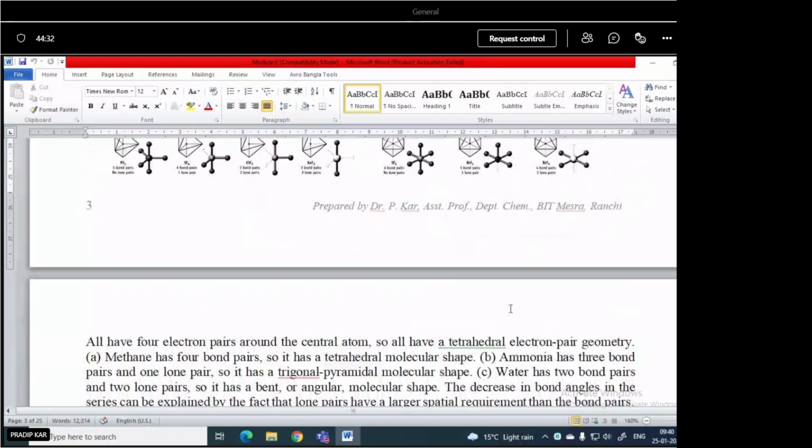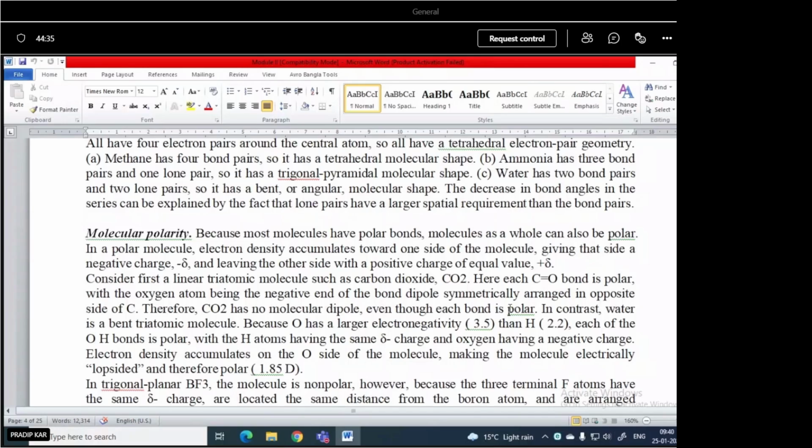Here, molecular polarity we can explain by using the VSEPR theory. Like in case of CO2, on the carbon there is no lone pair. It is bonded with 2 oxygens, so it is linear. As it is linear, the polarity is cancelled by the opposite direction with the same value.